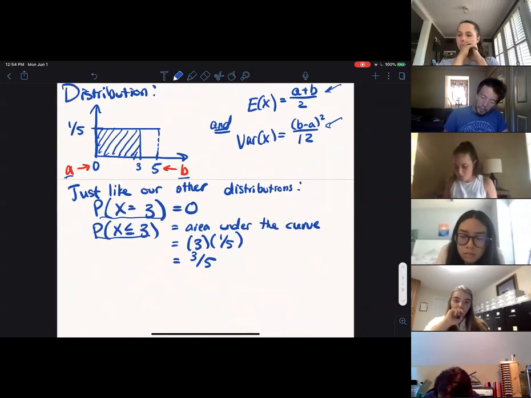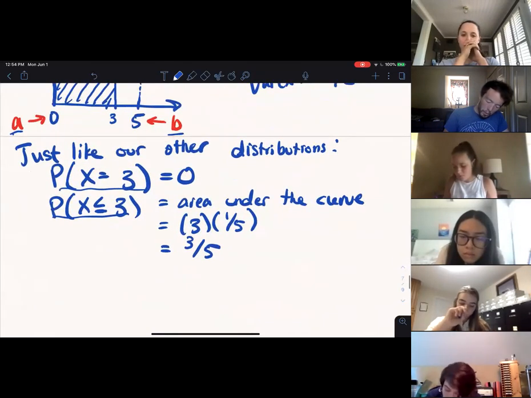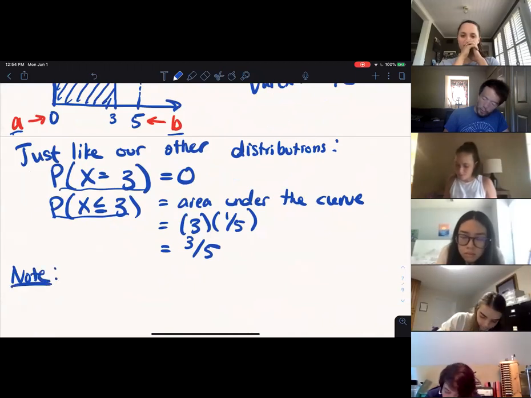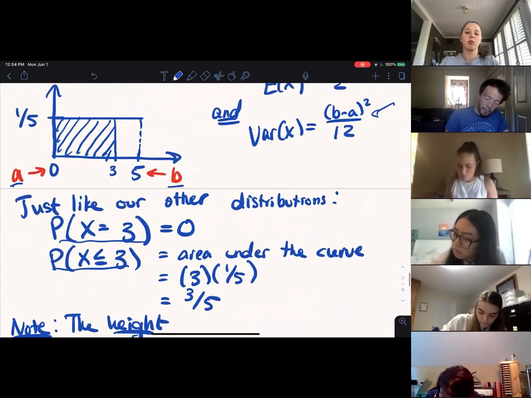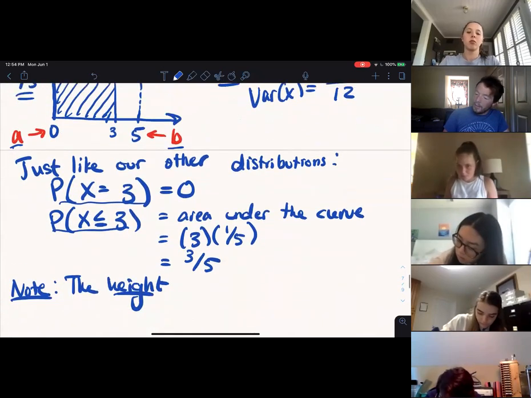And I want to make one little note. One other new thing I'm going to teach you about the uniform is the height of the curve. So note I gave it to you here, it was 1/5, but it's actually not hard to calculate.